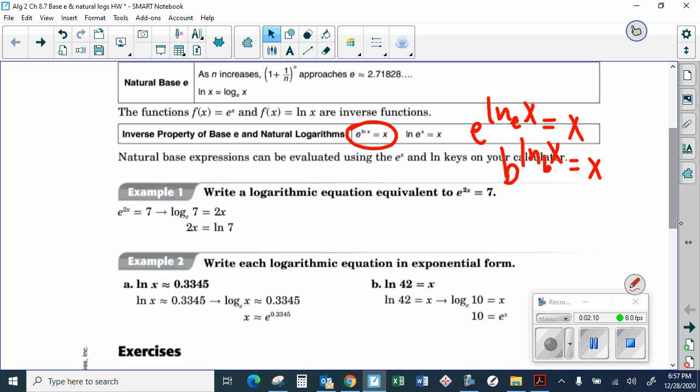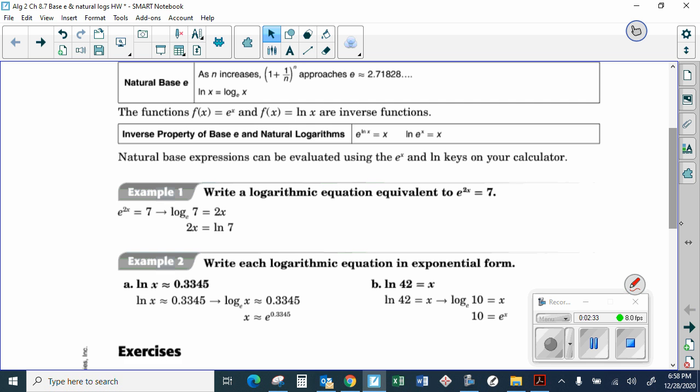So notice e and e are the same, b and b are the same, the answer is x. Again, we can do the proof in class. Right now I just want you to accept it and use it. Like I said, if you want a proof, we'll do that in class, or maybe I'll do a separate video on the proof.